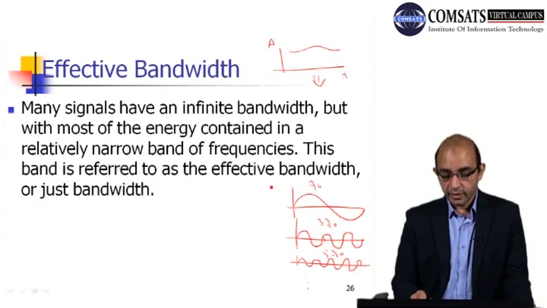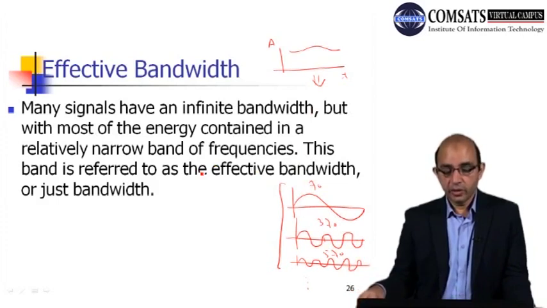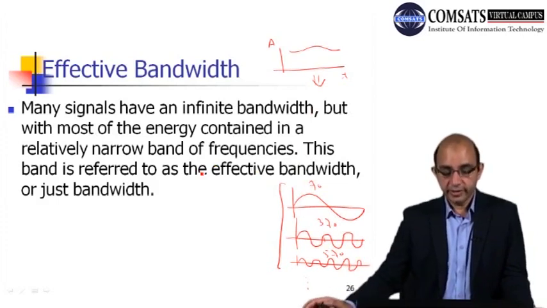But the difference is that most of the energy of this signal will be contained in the first few frequency components, so we normally ignore the rest. As a whole, each signal can be represented by infinite frequency components, but most of the energy is contained in the first few components.